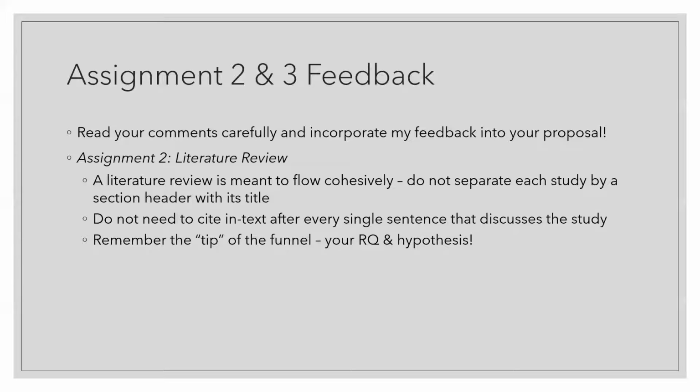As long as you cite right away in the first sentence where you discuss the article, you can only cite once or twice more throughout the same paragraph. And you don't need to cite in a sentence when you cited the sentence before, and it's really clear that you're talking about the same study in this next sentence.